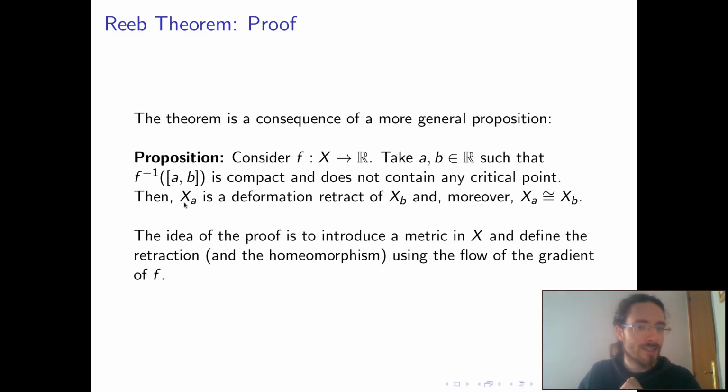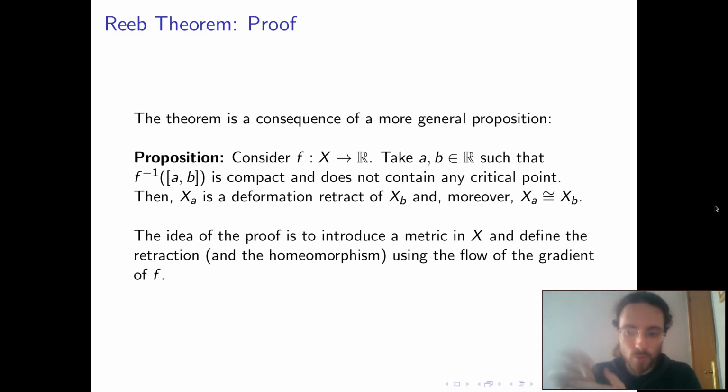This set XA and this set XB are defined in the notes, but the idea is that XA are the points of the manifold whose image by f is lower or equal than a, and XB the same, the points in X whose image by f is lower or equal than b. So you have like slice cuts, subsets inside of your manifold.